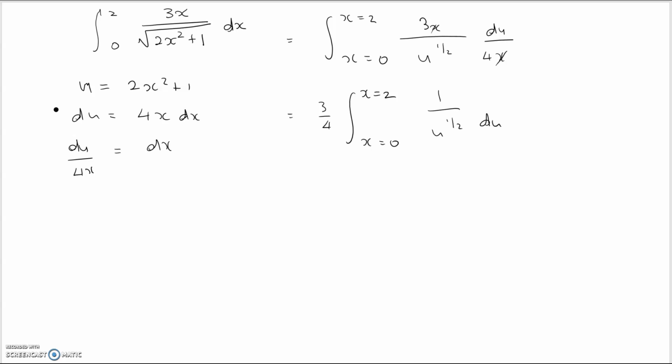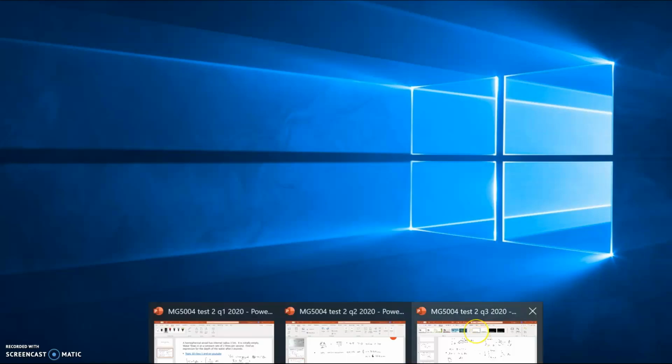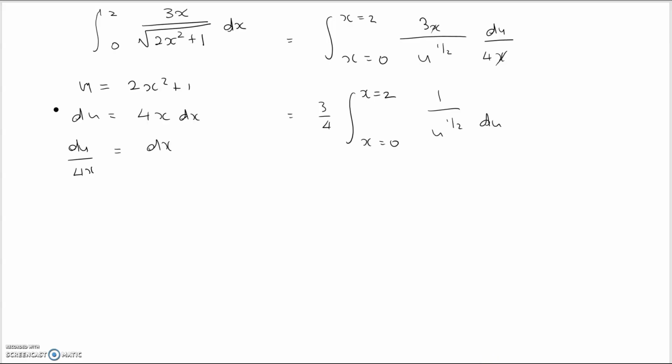And now it's something that we can integrate straight away. We could even make that u to the negative half, whichever way you like to do it. It becomes like that.